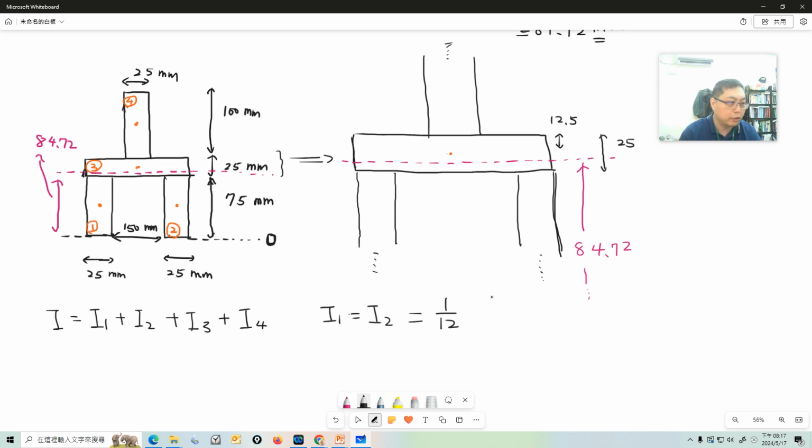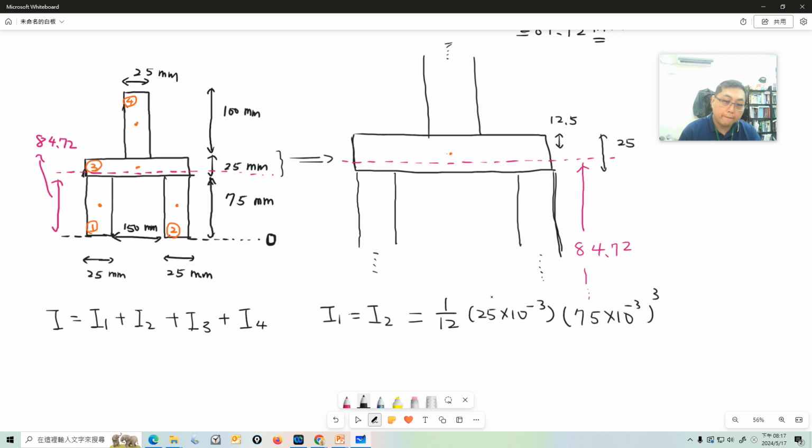You remember b h cubed here, but right now the neutral axis is horizontal. So here is your b, 25 millimeters is your b, and your h is 75 times 10 to the power minus 3, cubed.